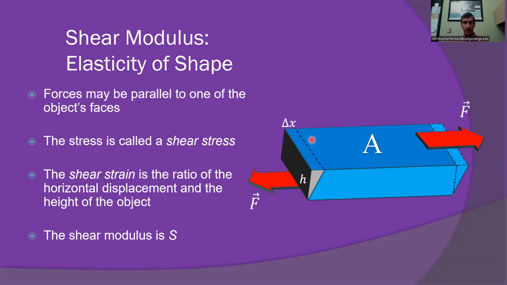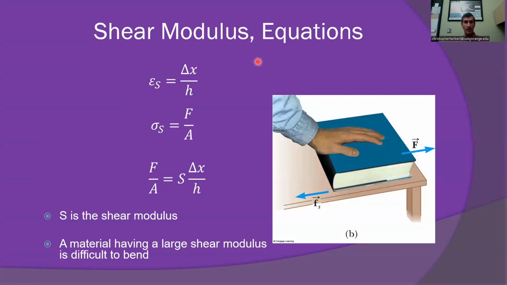So for instance, if I wanted to calculate the shear strain of a material under a shear load, I would measure delta x, divide that by the height, and that would give me the shear strain. The shear stress would be how much force I apply divided by the cross-sectional area of the material. And of course, the shear modulus would be relating the strain to the stress by this equation right here.